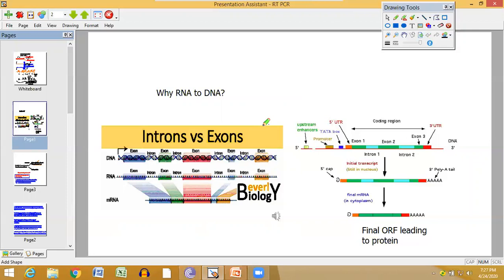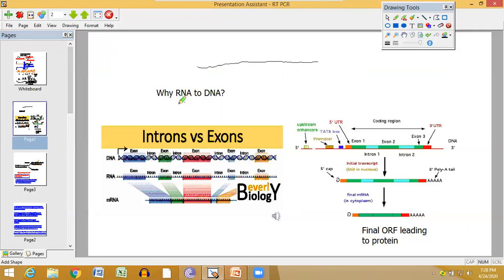If it is prokaryotic DNA, then all the DNA is the same. That means all the DNA has the open reading frame. All portions of the DNA can be transcribed and further translated to proteins. If this is prokaryotic DNA, then all the DNA can be transcribed to protein.